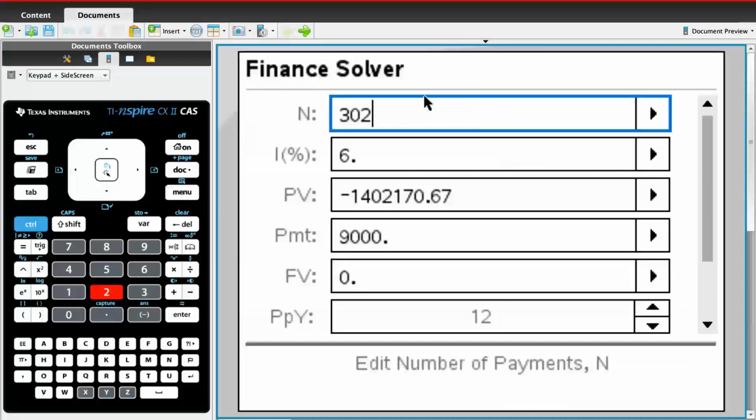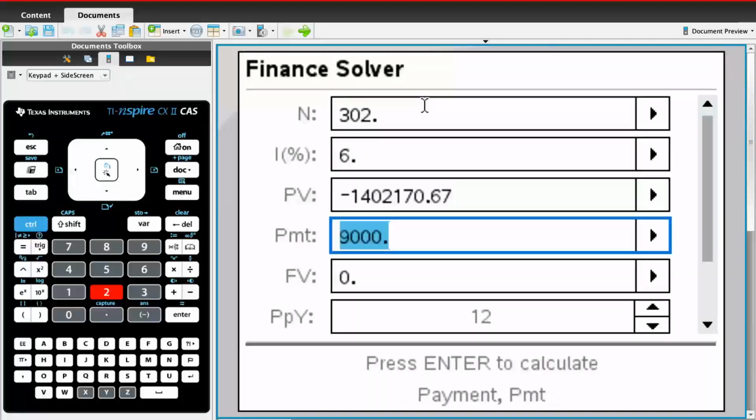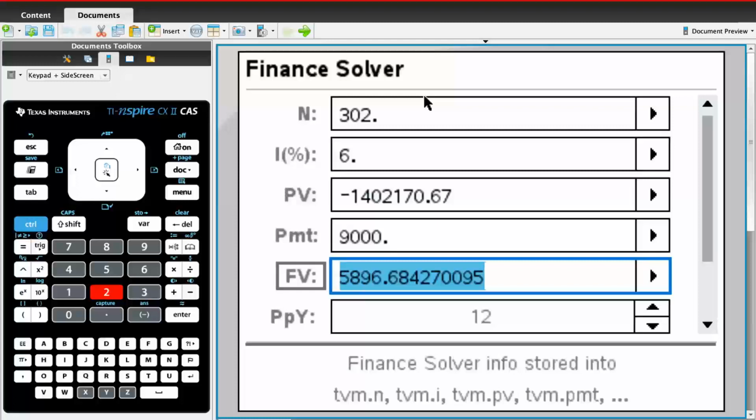And the question is, what's left at the end of 302 full payments of 9,000? And we can see that his final payment, after 302 payments of 9,000, would be $5,896.68 plus whatever interest that would attract in the final month.